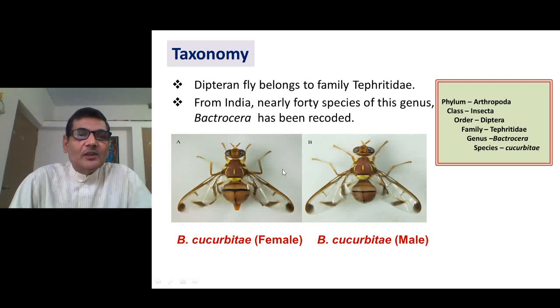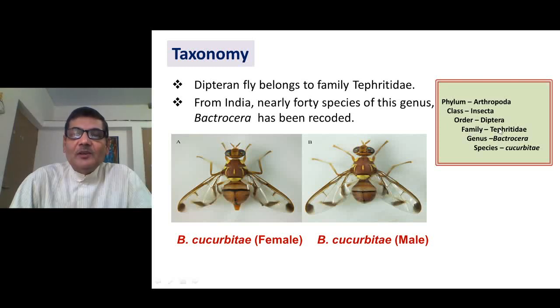Now this species belongs to phylum Arthropoda. Its class is Insecta, order Diptera. The Diptera order includes mainly flies, that is housefly, mosquito, Drosophila, Chironomus, and a number of pest species. They belong to Diptera because it contains a large number of insects.